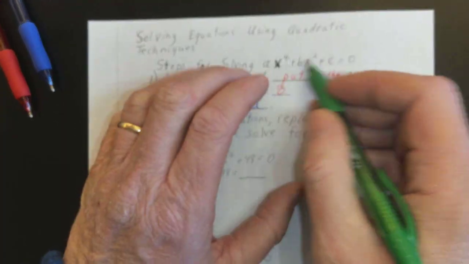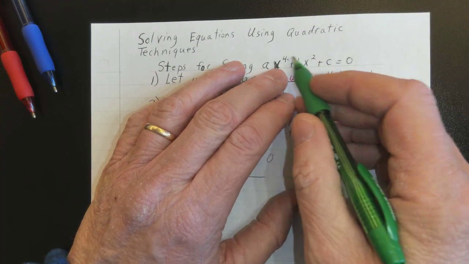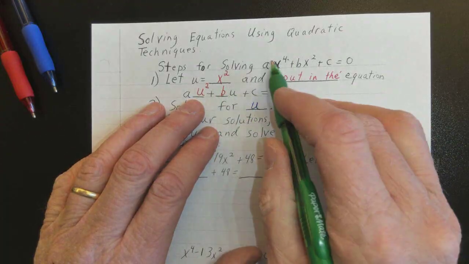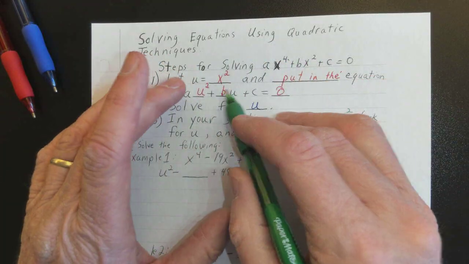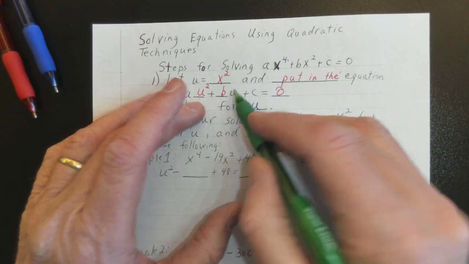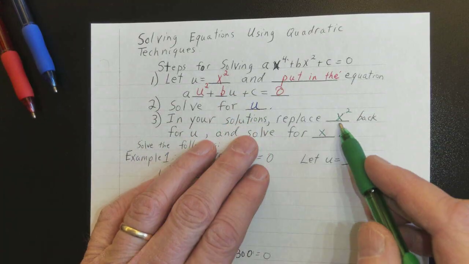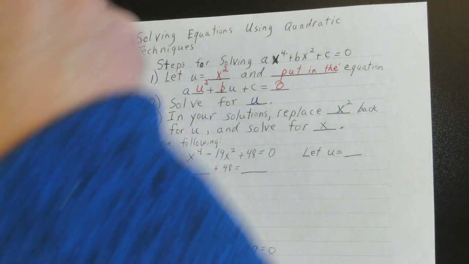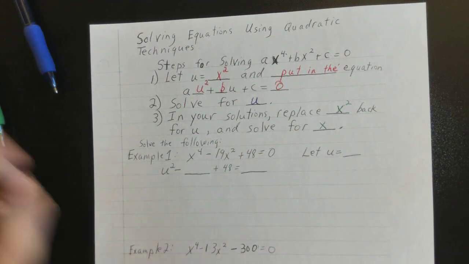We don't have a technique necessarily for fourth degree, but we do have a quadratic plan. So we're going to convert this to a quadratic and then come back to it with the x squareds.